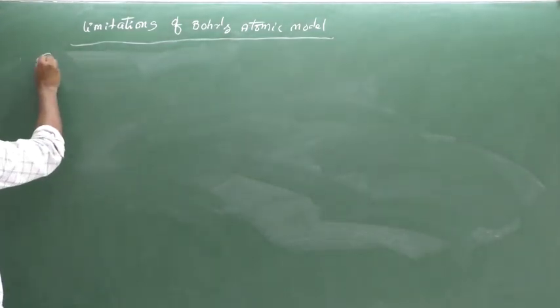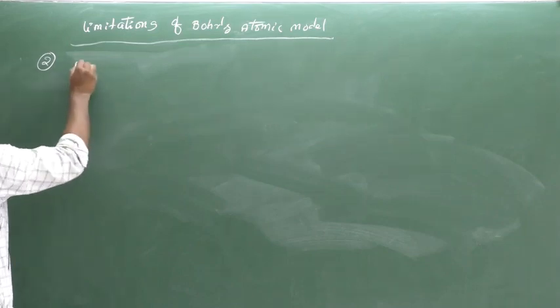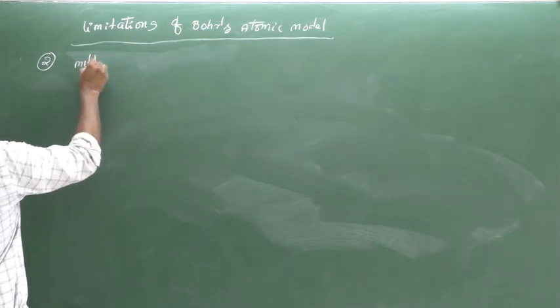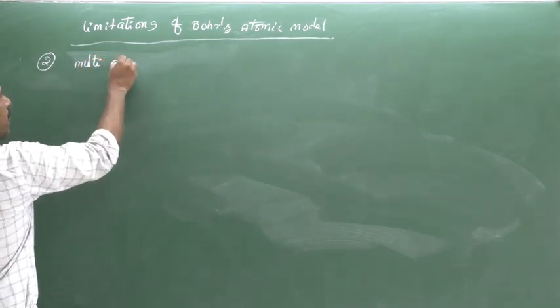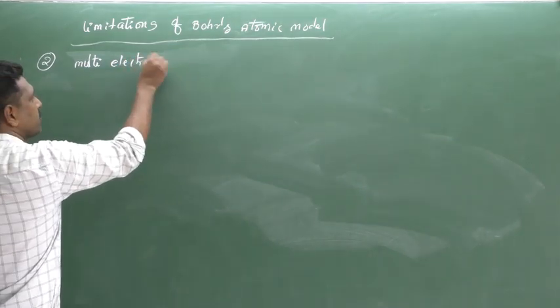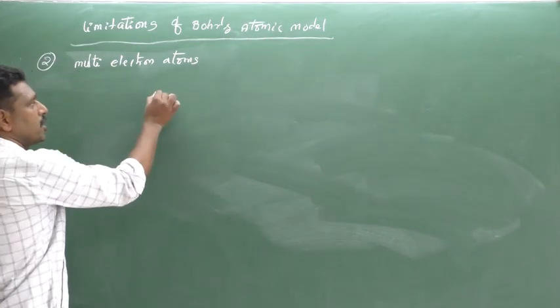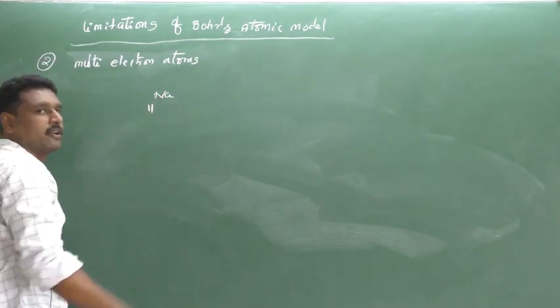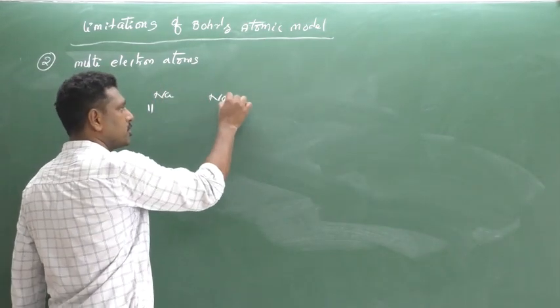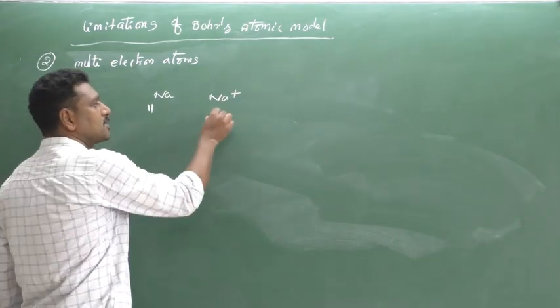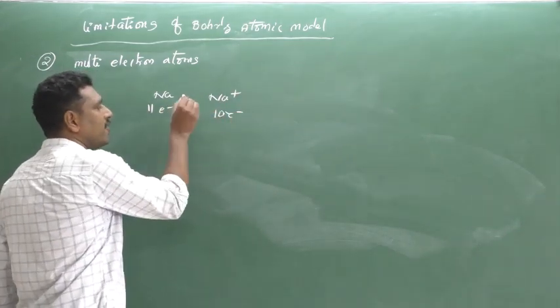The second limitation is that it is not applicable for multi-electron atoms, such as sodium. Sodium's atomic number is 11, so it has 11 electrons; sodium ion plus 1 has 10 electrons.